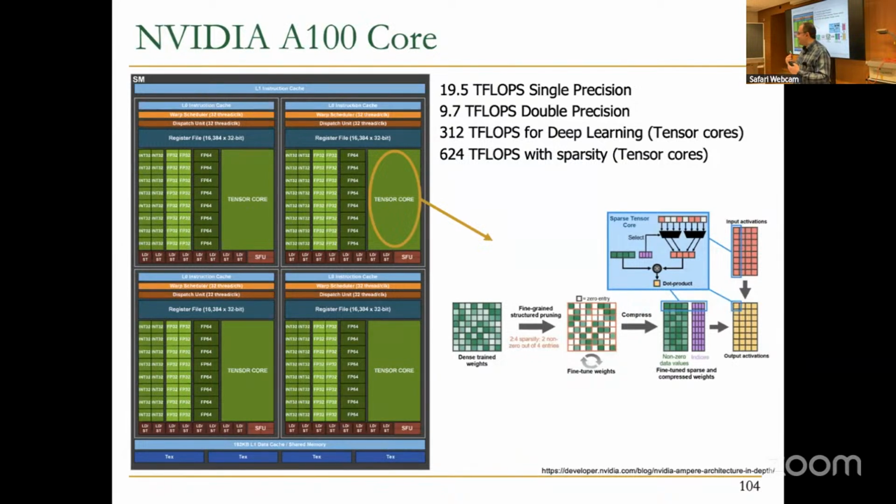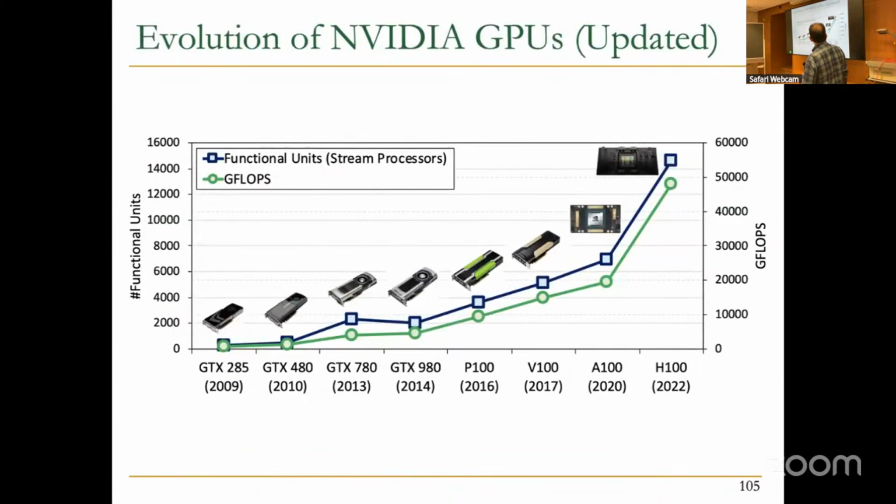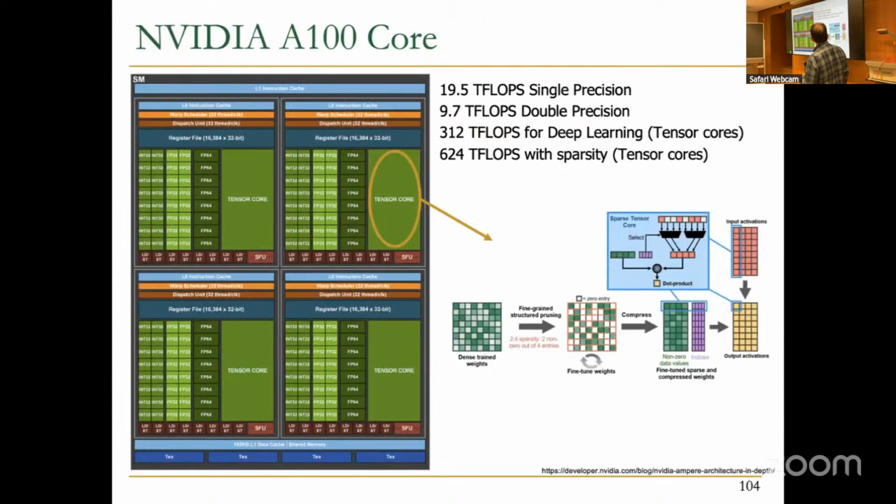So if you have 90% sparsity, you really want, for example, a 10 times speedup, right? But because of irregularity and many other reasons, they cannot get that much performance improvement. But still, they are trying to do better when matrices are sparse. And here is the architecture that they have for the tensor cores.